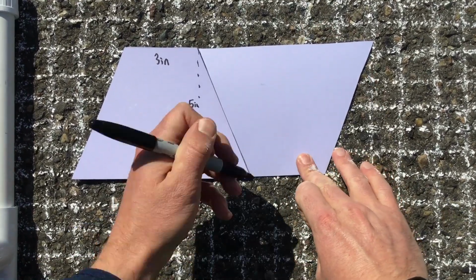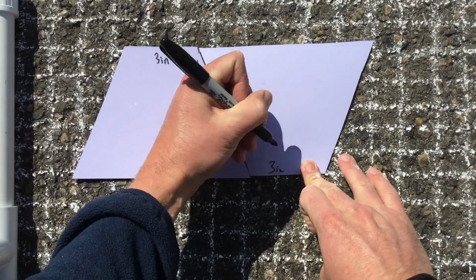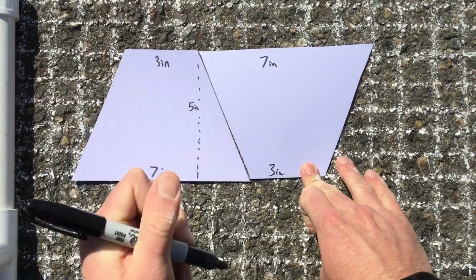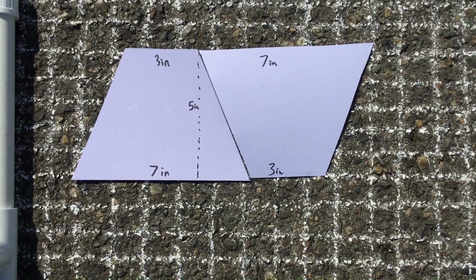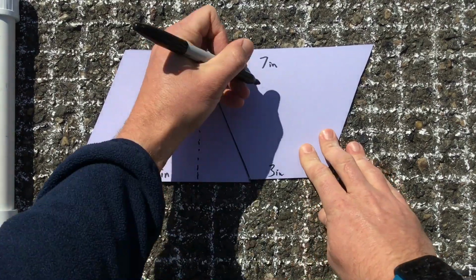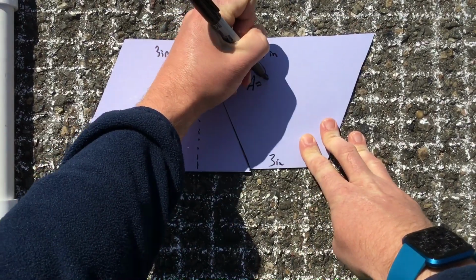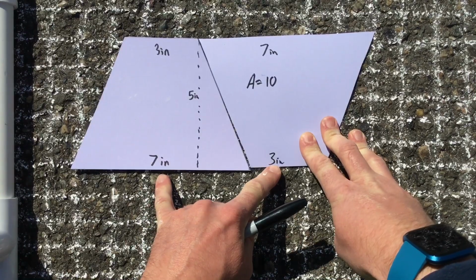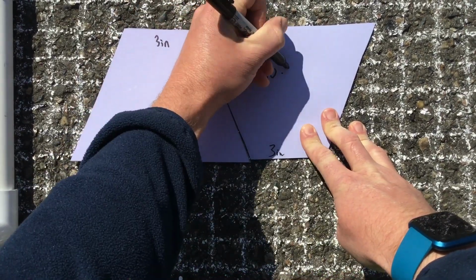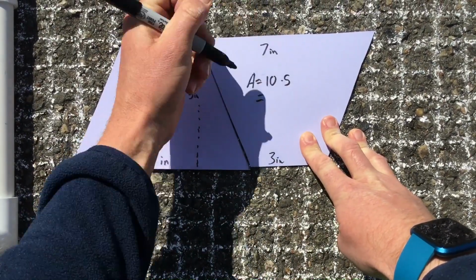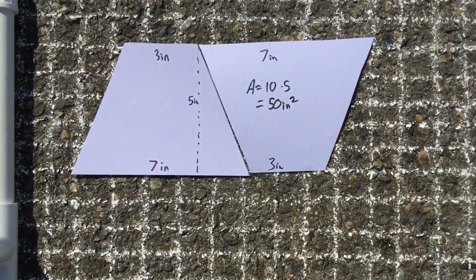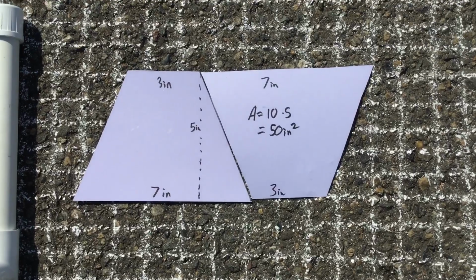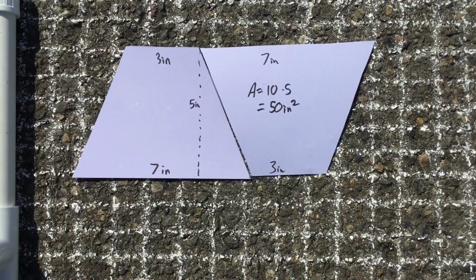So this is 3 inches, this is 7 inches, and what that means is that the area of the whole parallelogram itself is going to be equal to 10. That's 7 plus 3 times the height, which in this case is going to be 5, for a total of 50 inches squared.